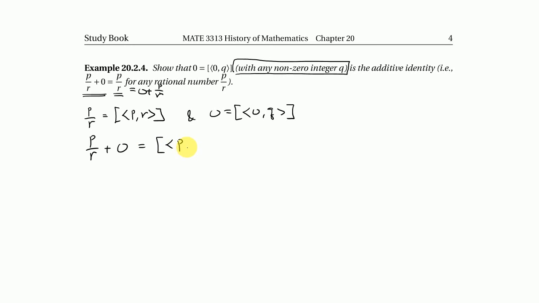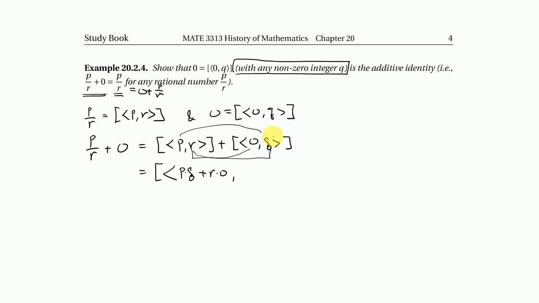Then we are adding these two rational numbers, really. According to our definition of addition, we need to multiply the outer parts plus inner terms, and the y coordinates, right? Then that is the same as (pq, rq), right?